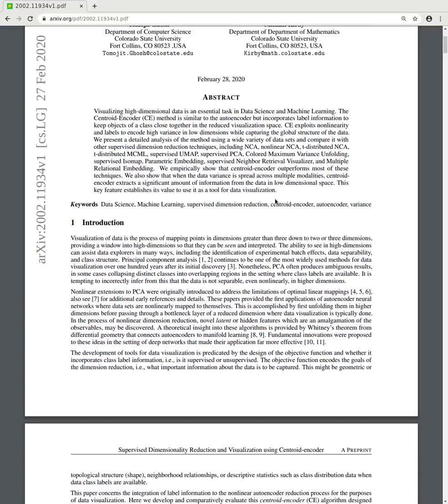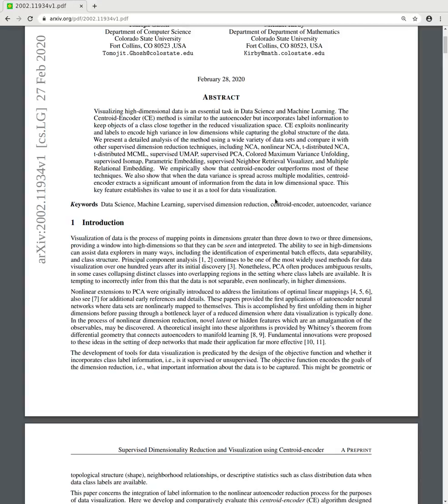The Centroid-encoder method is similar to an autoencoder but incorporates label information to keep objects of a class close together in the reduced visualization space. CE, Centroid-encoder, exploits nonlinearity and labels to encode high variance in low dimensions while capturing the global structure of the data.